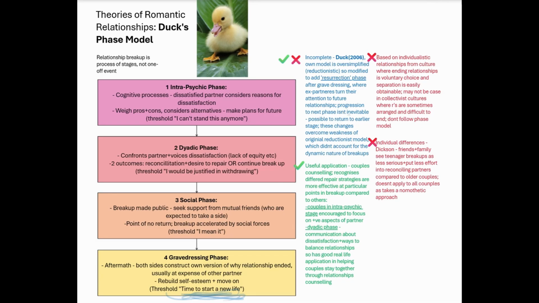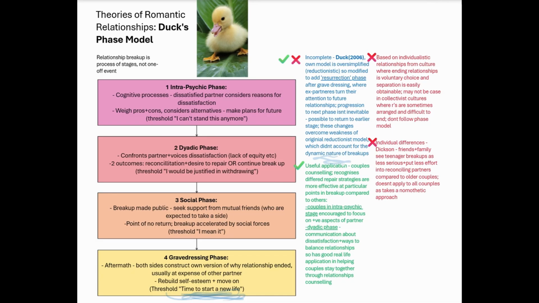Therefore, progression to the next phase isn't inevitable, as it previously said. It didn't really consider what happens after. So it can also be possible to return to an earlier stage, and therefore these changes overcome the weakness of the original reductionistic model, which didn't account for the dynamic nature of breakups.